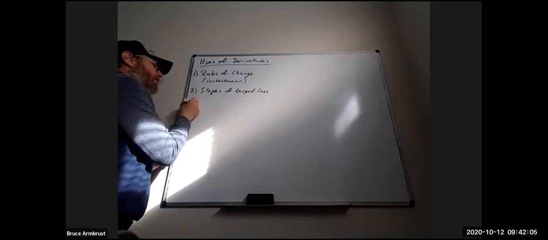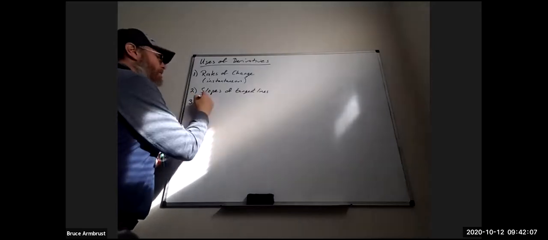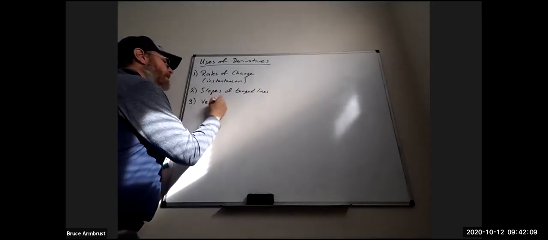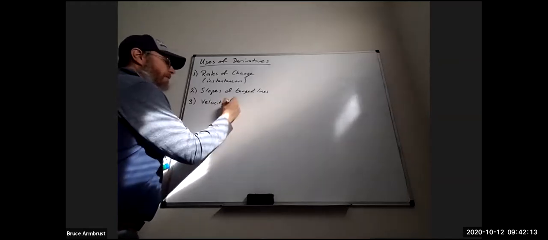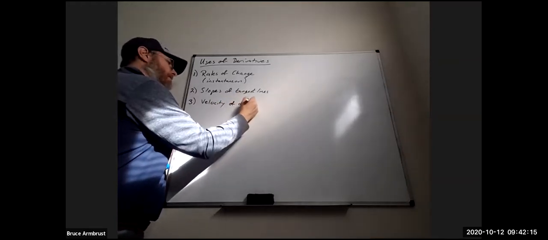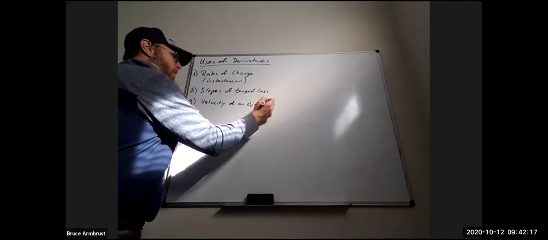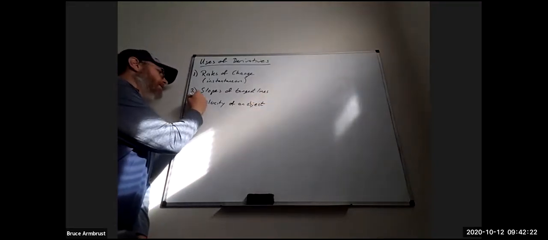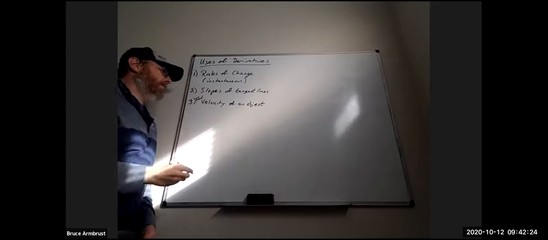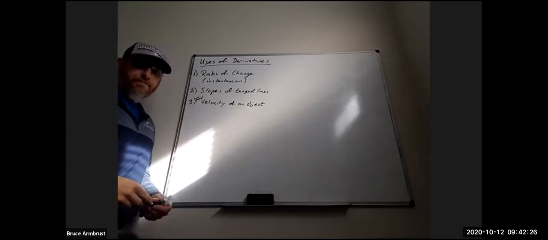Now, the next one is another one that we've also talked about, but I want to talk a little bit more about it. And that is to figure out the velocity of an object. I should probably put here, find velocity of an object.